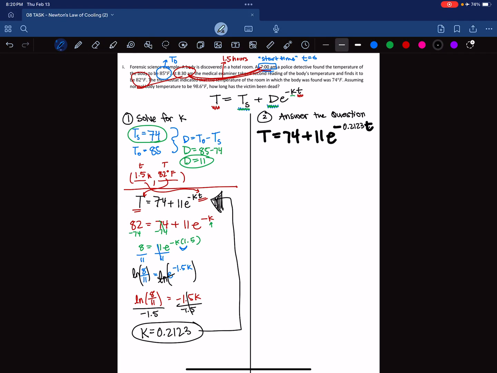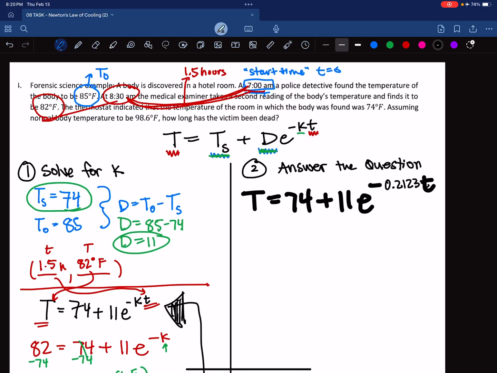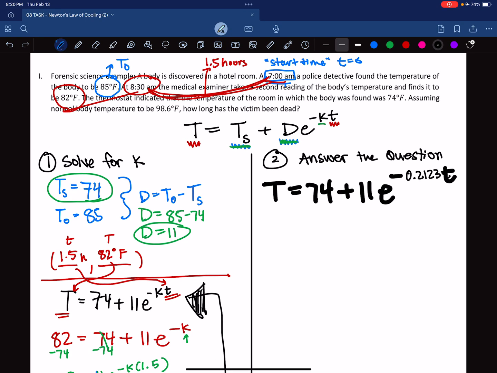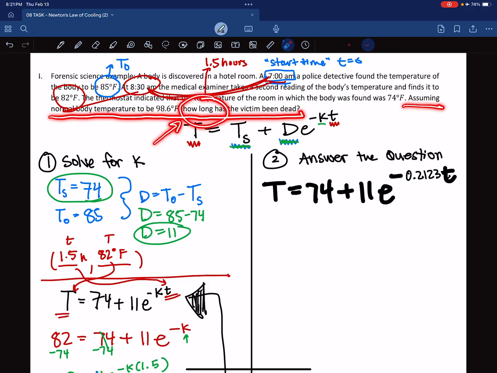What is our question? So here we go. Assuming the normal body temperature to be 98.6, how long has the victim been dead? So how long is implying solve for time. And this 98.6, this is the temperature.